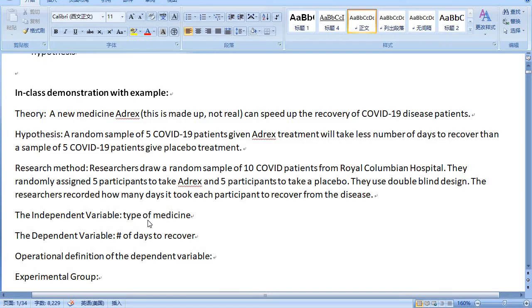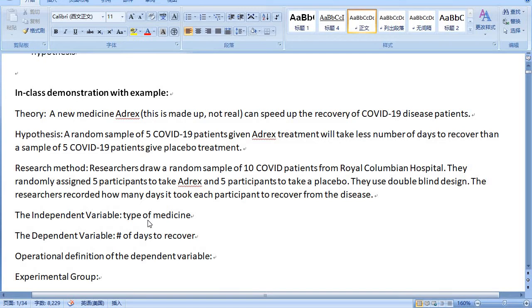This is a concrete and specific prediction of what we can observe, what we should observe if my theory is true, is correct. You can actually recruit 10 people and you can actually divide them into 2 groups. You can actually give them different medication, the real versus the placebo.